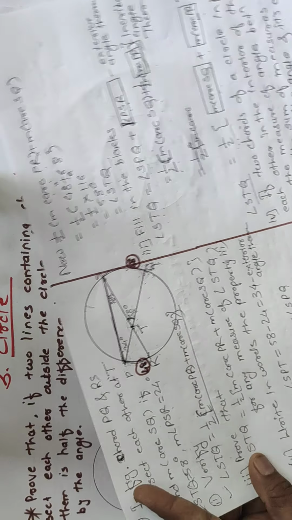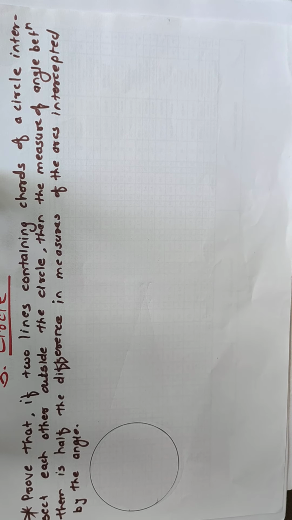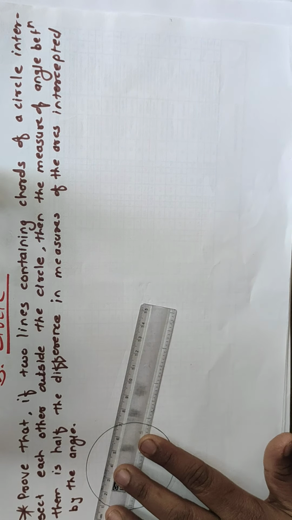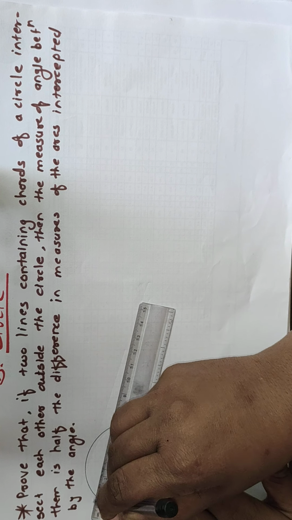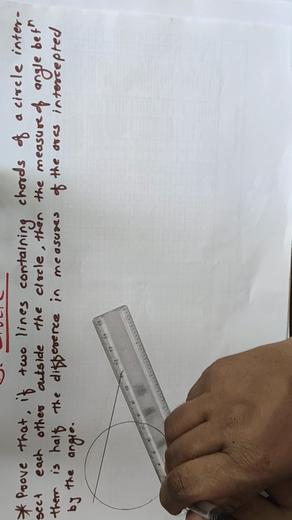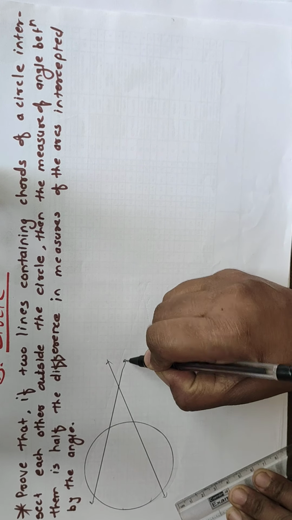And today we want to see that in this first theorem, the chords are intersecting each other in the interior of the circle, and in the second case they are intersecting each other, but where? Outside the circle. Suppose these two are the lines as per the information.